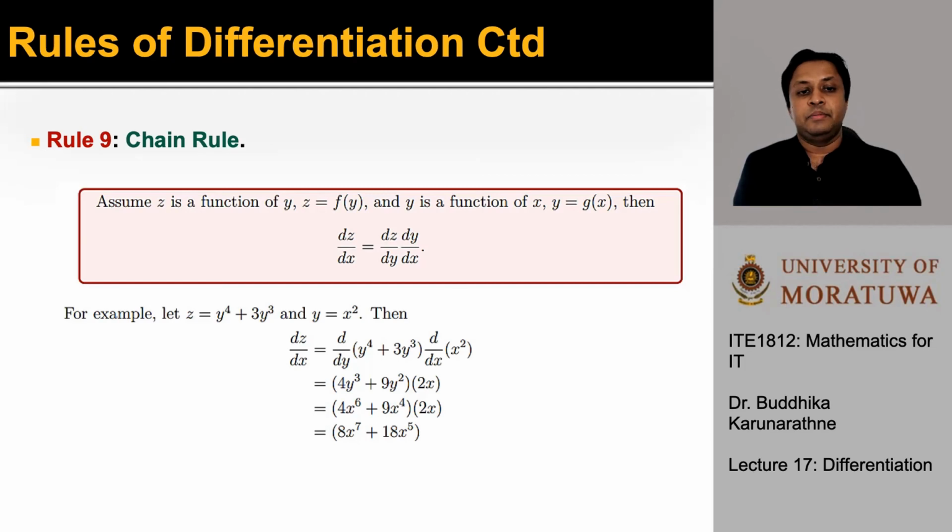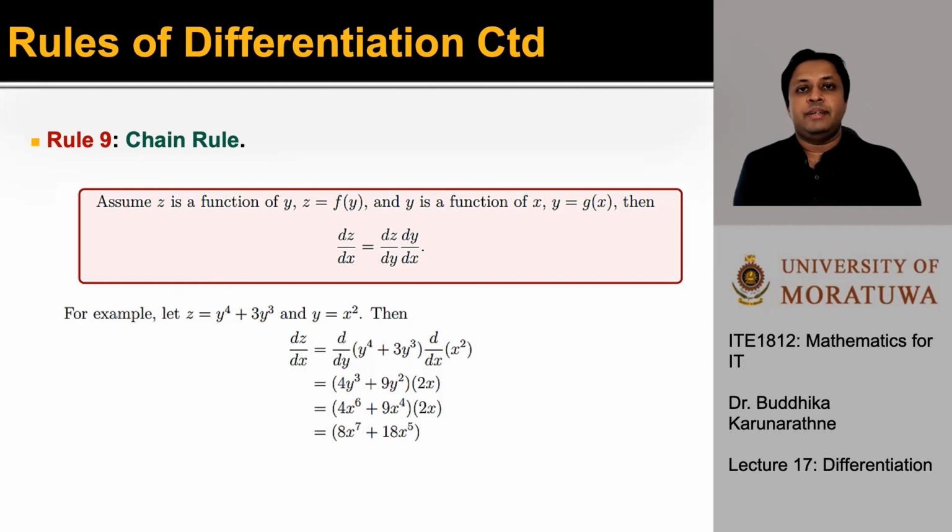Let z be y to the power 4 plus 3 times y to the power 3, and y is equal to x squared. So here z is a function of y, and y is a function of x. y is equal to x squared.